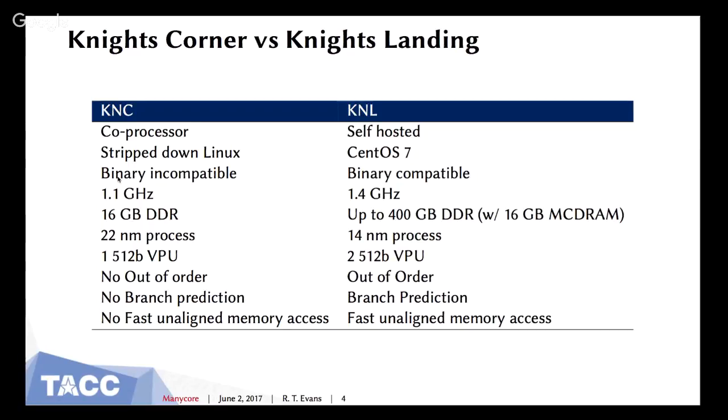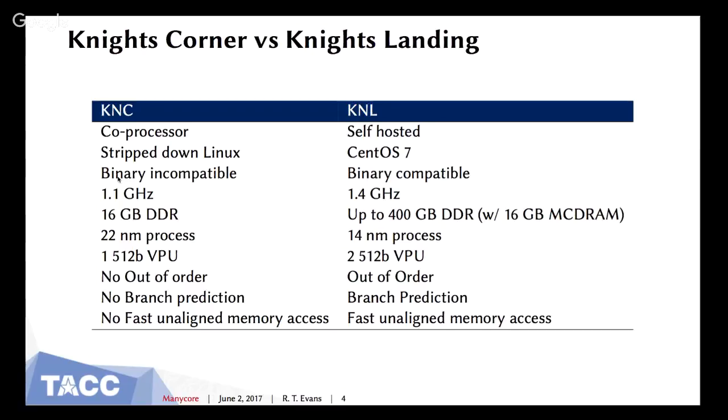That was because it ran a very stripped-down OS. The KNL nodes run full-blown Linux. Also, you can build a code for KNL that's binary compatible with all previous Xeon architectures. You could not do that for the previous generation. It was a very specific binary that only ran on that KNC.